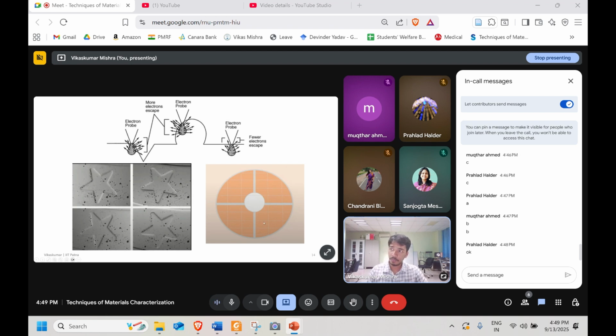Now the BSC has four different elements, four sections. Let's say this particular image has some particular contrast, and this contrast is coming due to the topology. This is detected by the four different sections of this particular BSC detector.